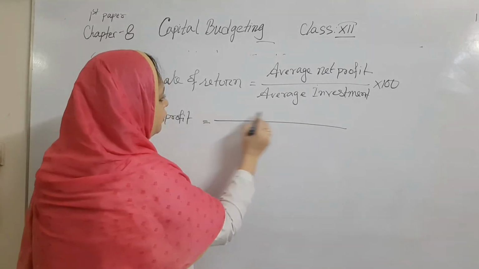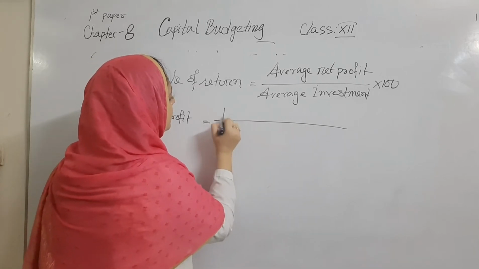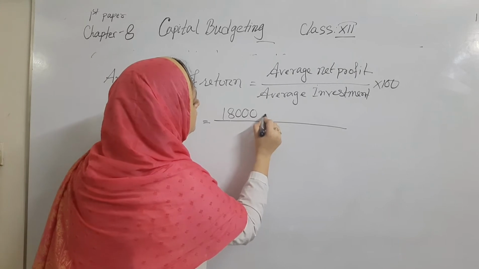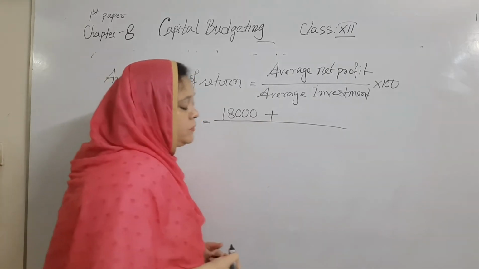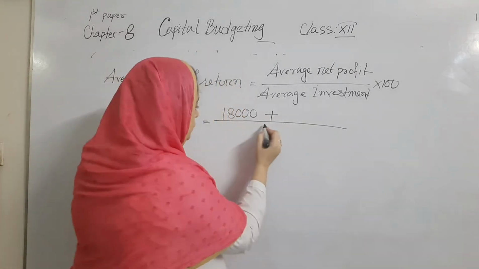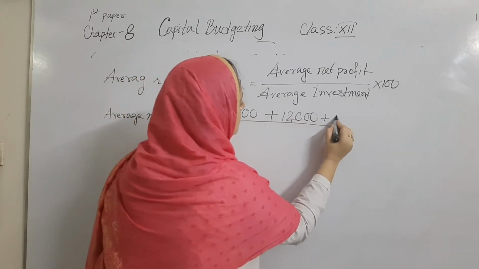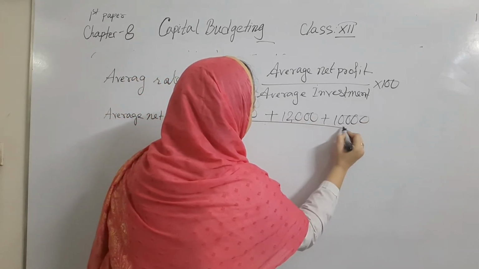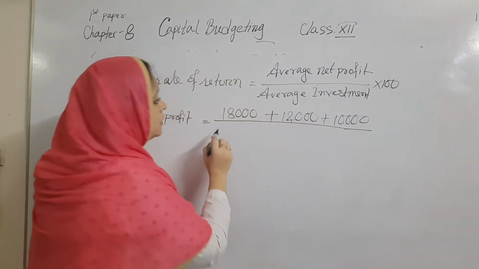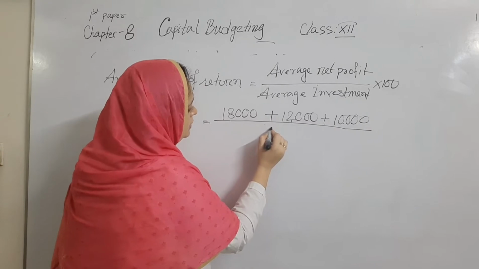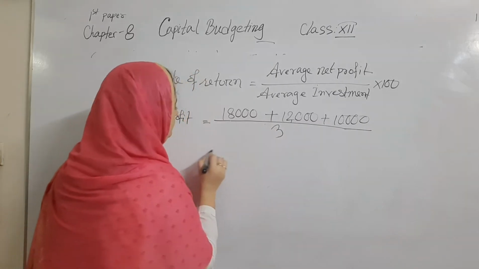The net profits are 18,000 plus 12,000 plus 10,000, and there are 3 years, year 1, 2 and 3, so we divide it by 3.